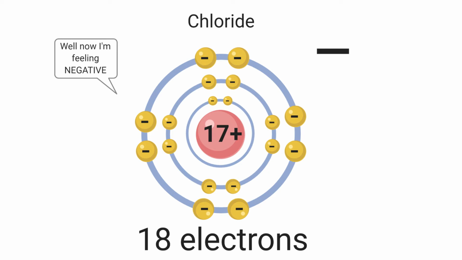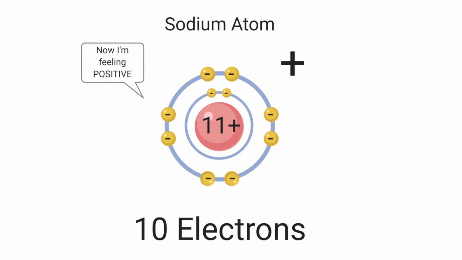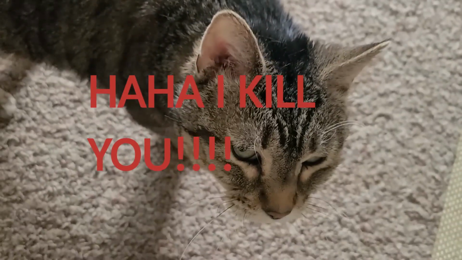Atoms with more electrons are negatively charged and referred to more specifically as an anion. Anions are just ions with a negative charge. What about our friend sodium? Sodium has one less electron than proton, and thus has a positive charge. Positively charged ions are called cations, as in, I'm positive my cat is out to get me.